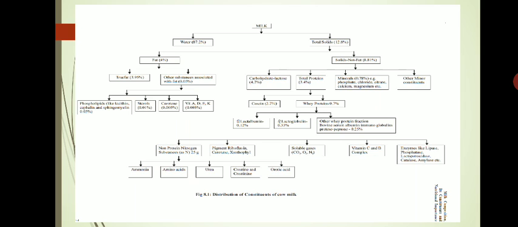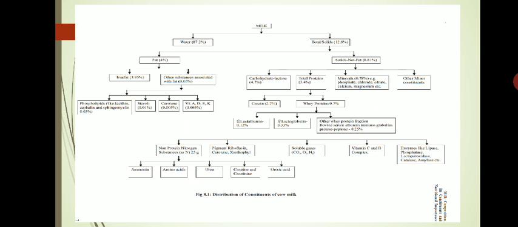So next, this is the distribution of constituents of cow's milk. In this chart, you can see a detailed component analysis of milk. Milk may be divided into two parts. First is water.